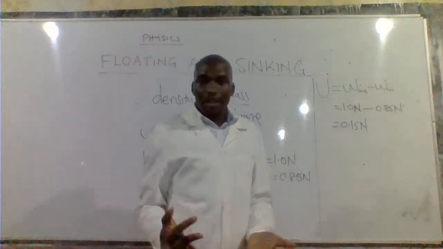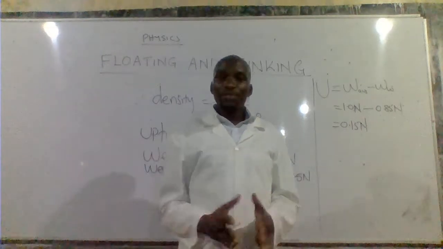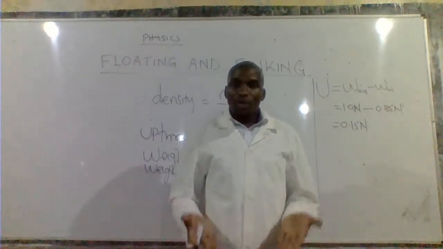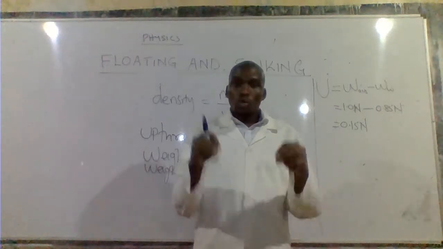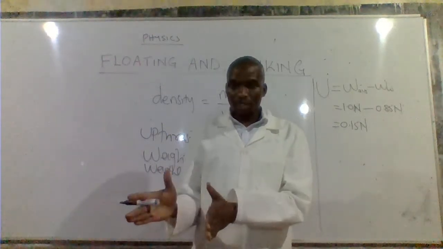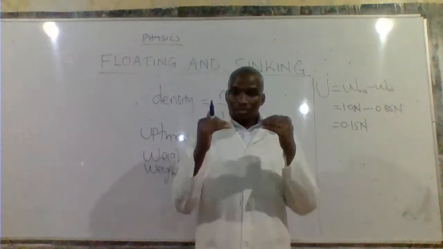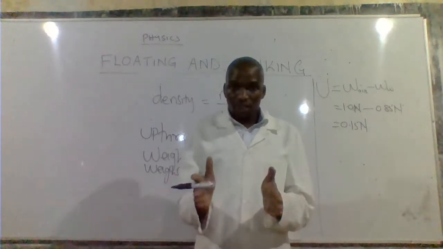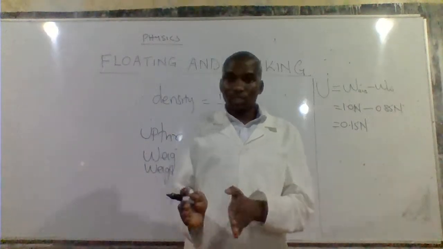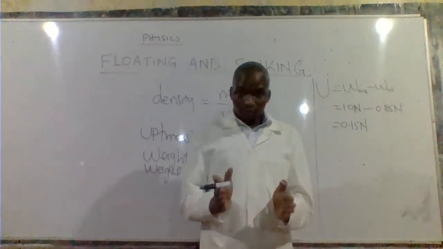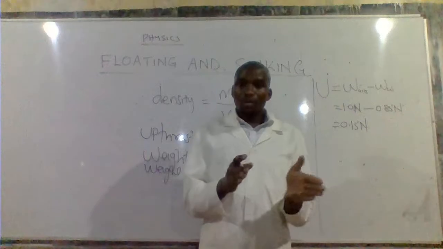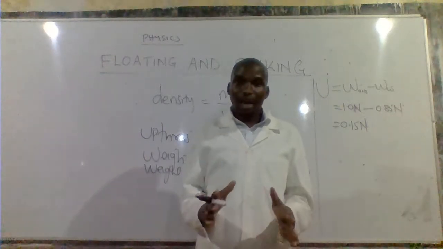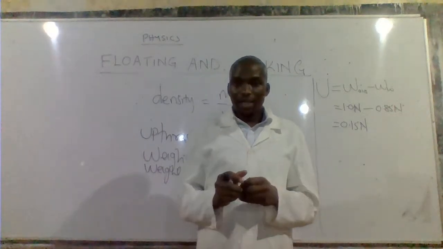So how do we define upthrust force? We define upthrust force as that upward force that acts on objects immersed in a given liquid. And you must be more specific because upthrust itself is a force and force is a vector quantity. That means we have to take care of direction. Vector quantities are those given quantities that have both magnitude and direction.